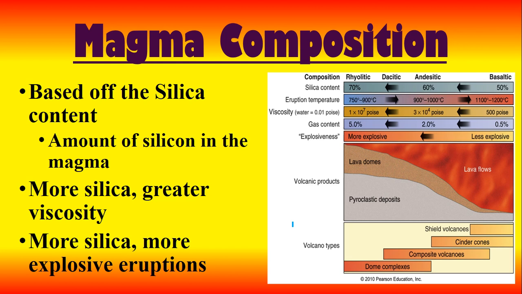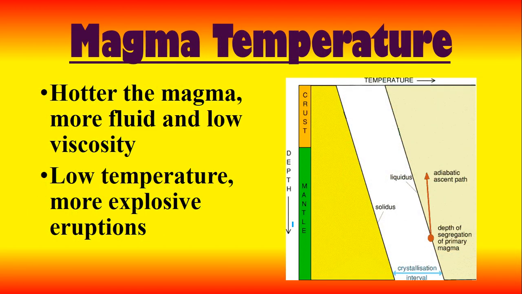If the magma has a lot of silica in it, it's going to have a very explosive eruption as well, because they all correlate to each other. Magma temperature: the hotter the magma, the more fluid, the less viscosity. So low temperatures equal more explosive eruptions as well.